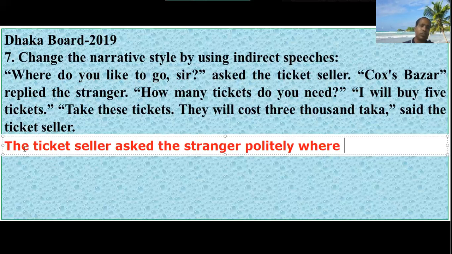The student's subject, the ticket seller, you have to set pronoun. And ticket seller and stranger, they are nouns, so you have to set s in the bracket. You have to set he, and you have to set s as you, because you denotes second person.